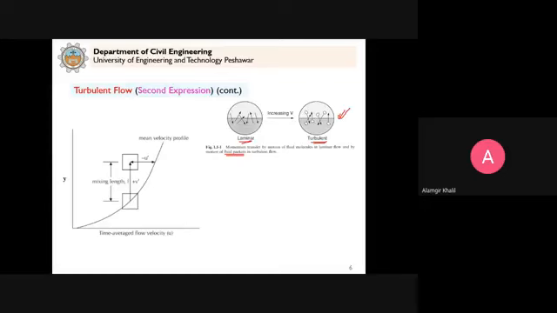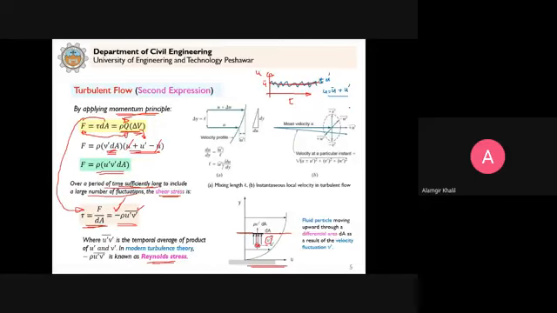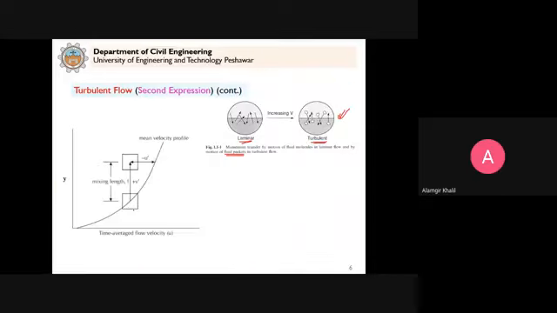Now I tried to explain where this negative sign comes from. Clear? Why in this shear stress we have the negative sign, minus rho into u dash v dash bar. You can see that whenever we have a fluid here, it moves from this layer to the upper layer.